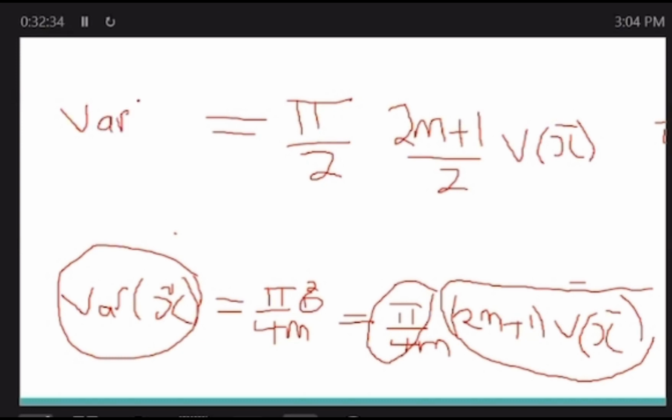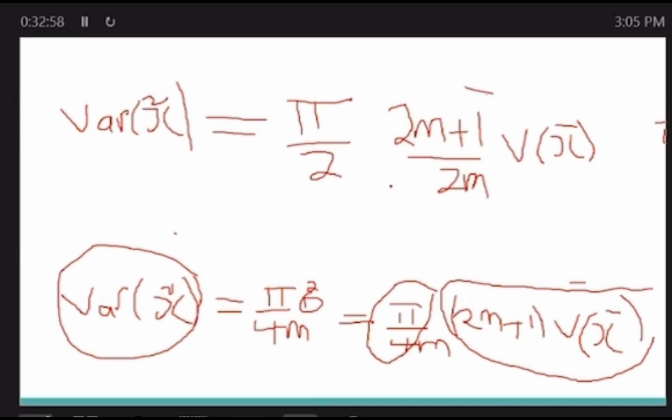Any question? Now, sorry, there's an m, right? You see there's a 4m. If I split, it's going to be pi over 2, and that over m. Now I want to work on this.